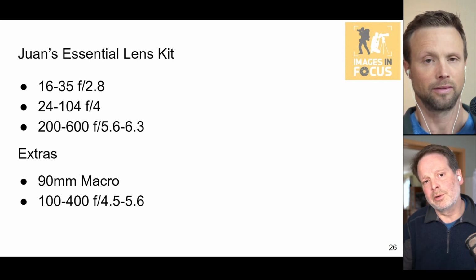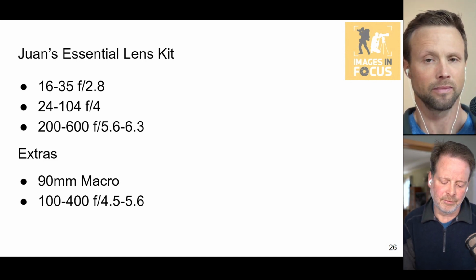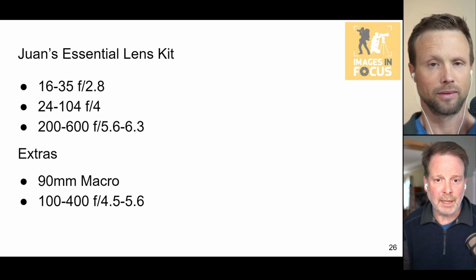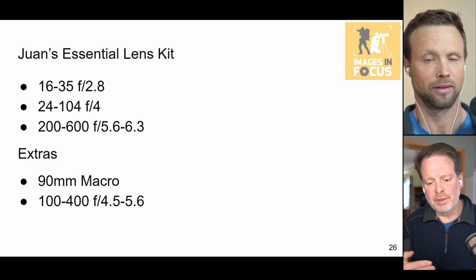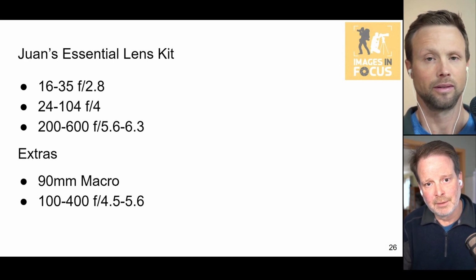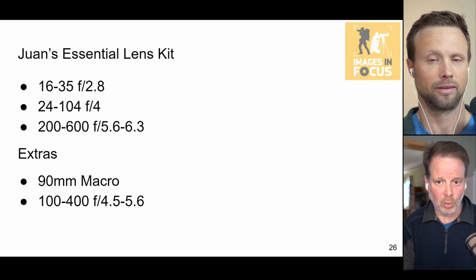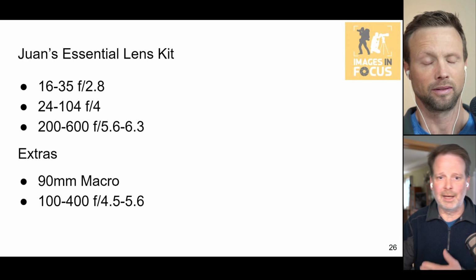And then on the macro side, which I do as well, I love the 90 millimeter macro that I'm using. I've used different macro focal ranges. I used to own a 180, which is good for certain situations. But the problem with the bigger macro lenses is that they get heavy and much more difficult to handhold when you're trying to chase a subject down, whether it's a butterfly or a dragonfly.